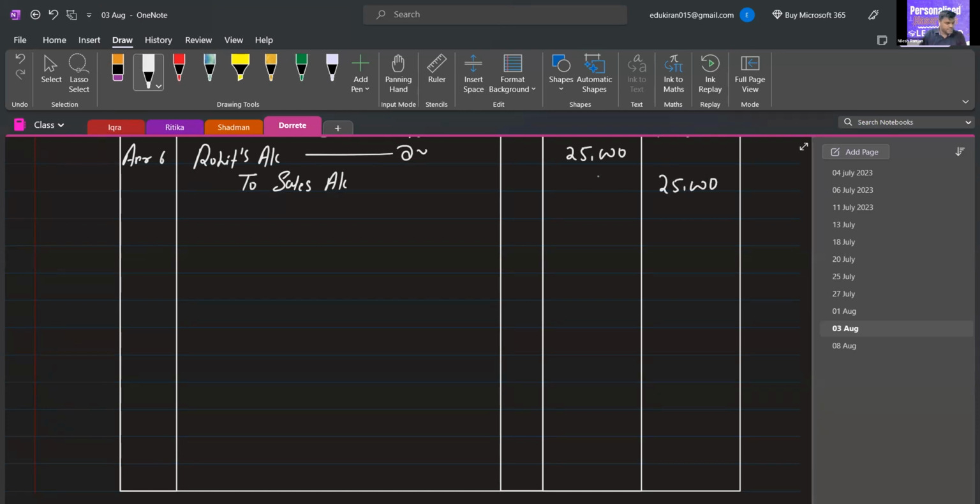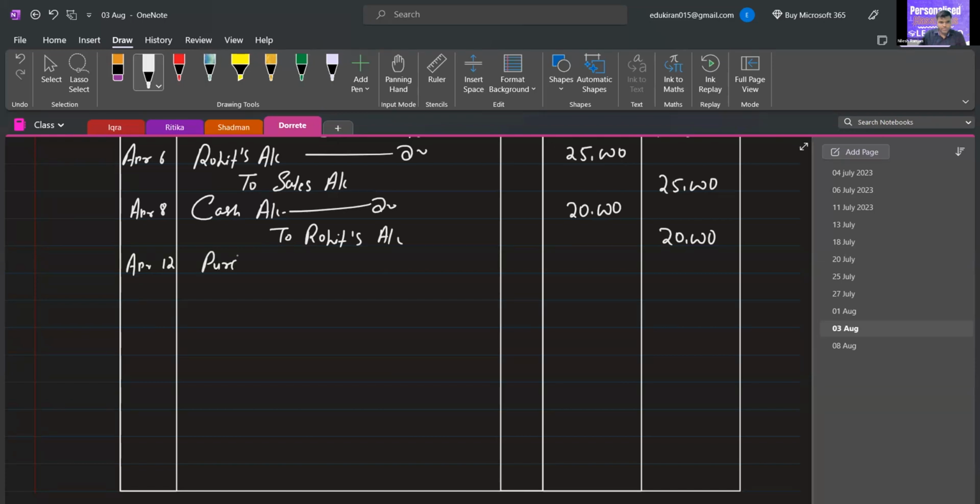Next is received cash from Rohit. So cash account debit to Rohit account. It is on April 8th. The amount is 20,000 and 20,000. After that, goods purchased from Rita again. So April 12th, purchase account debit to Rita.